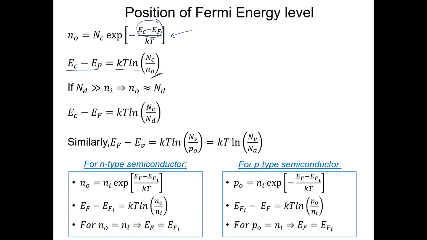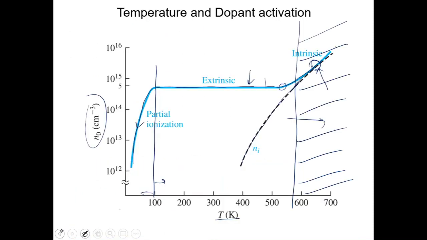And if ND is greater than Ni, which means the external doping that we introduced, the donor impurities, are far greater than Ni, then you can write n0 equals ND. This we can see from the previous relation.